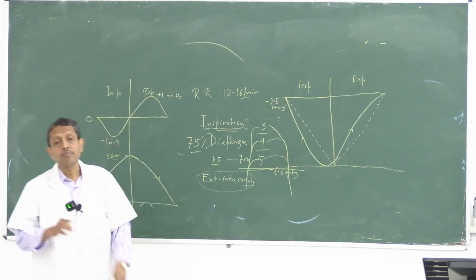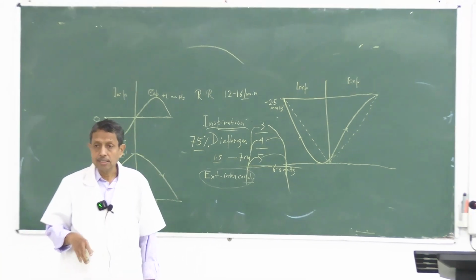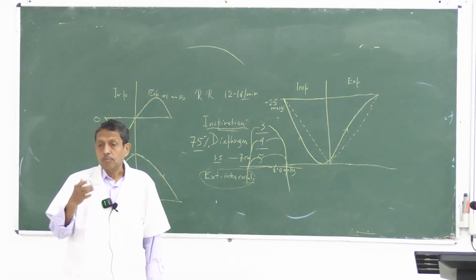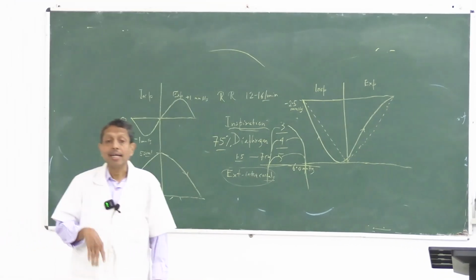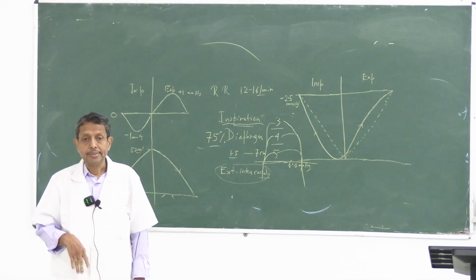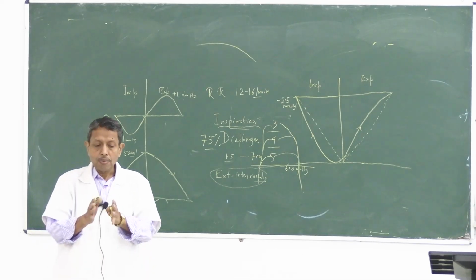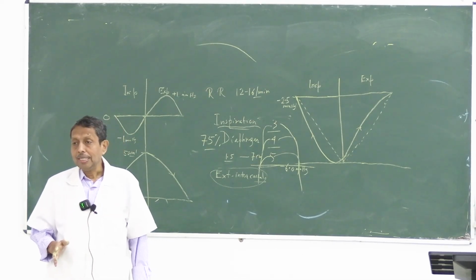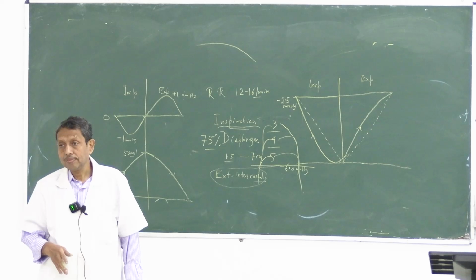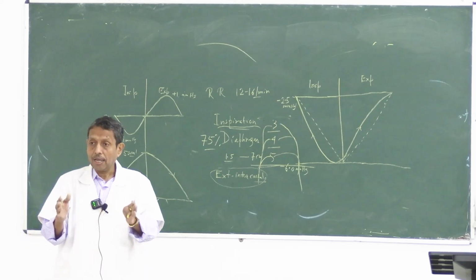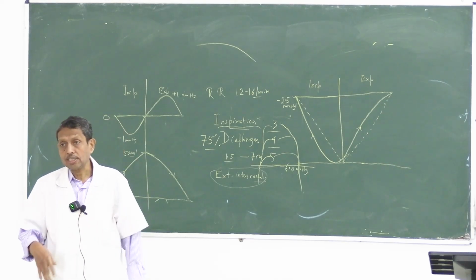And expiration is a passive process. In that sense, no muscle is required for tidal expiration. How does it occur? Because there are elastic fibers within the lungs, and the chest wall, the thoracic wall, is also elastic.